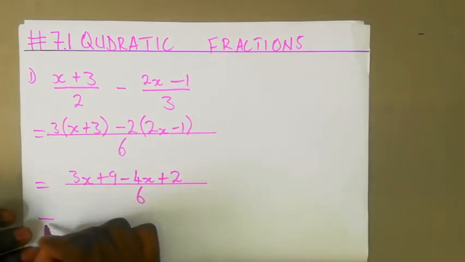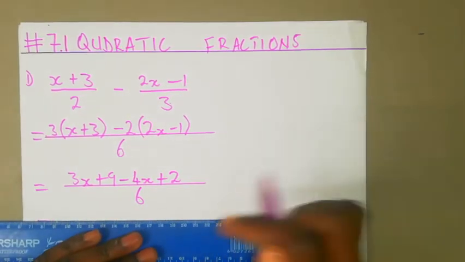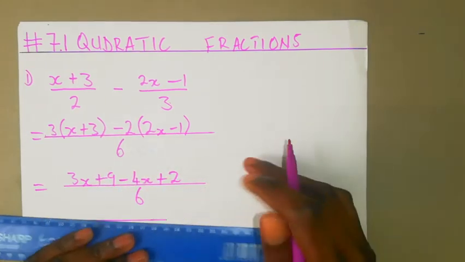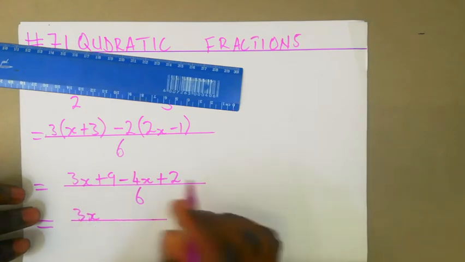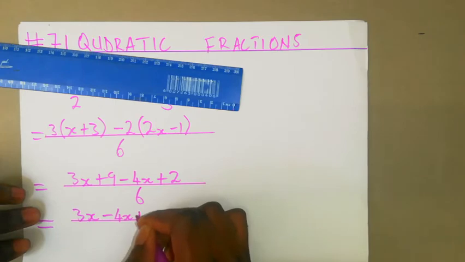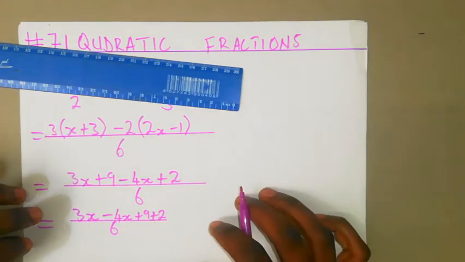Then I'll collect my like terms. Collecting my like terms, it's now 3x minus 4x plus 9 plus 2 all over my common denominator.